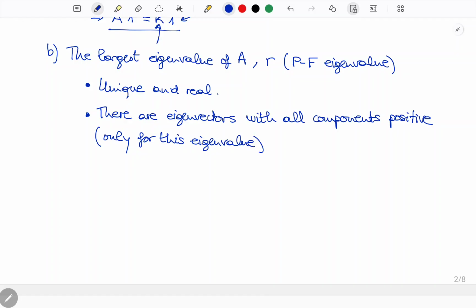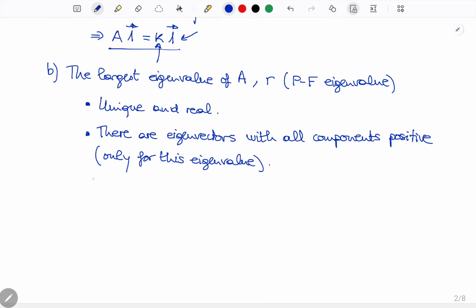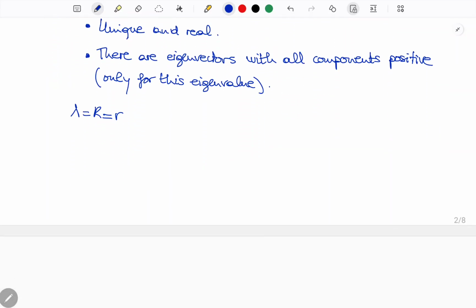So this is the thing that they're telling me. The only thing that we need to prove now is that lambda equal to k is the Perron-Frobenius eigenvalue. That's the thing that we need to prove. But we also know from the Perron-Frobenius theorem that the Perron-Frobenius eigenvalue is going to be bounded by these two quantities.